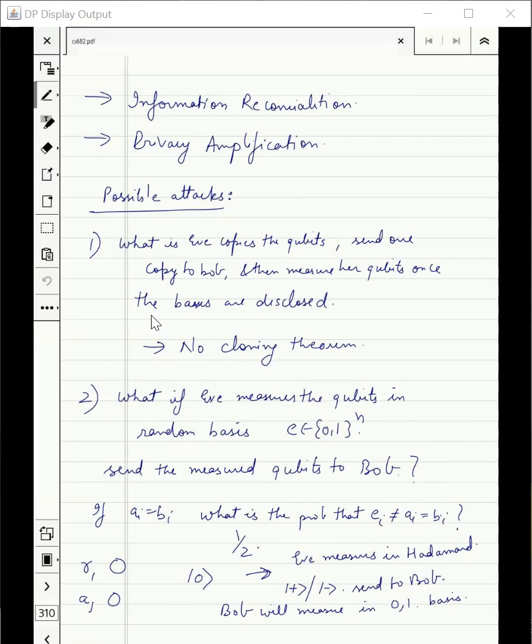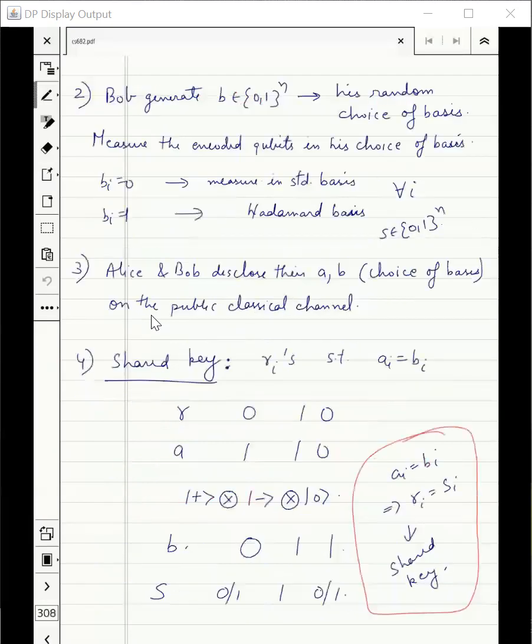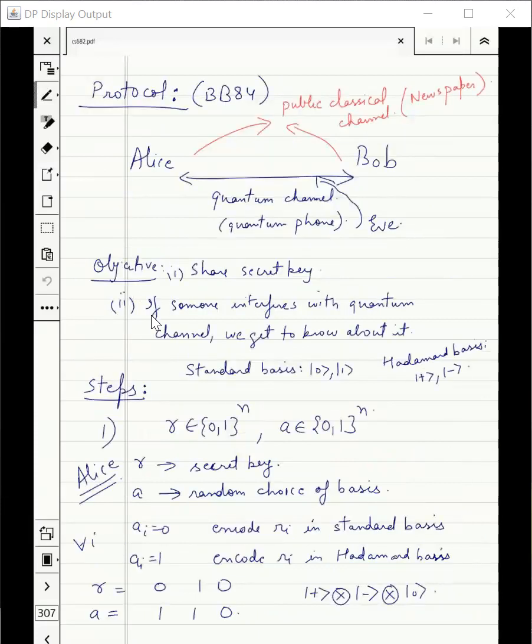You are saying that Eve will measure all the places in either Hadamard or standard basis. Okay, I think I got it. So that's why I think what Deepajit pointed out in the beginning is an important point. Remember, for every place, we have a different choice of basis.